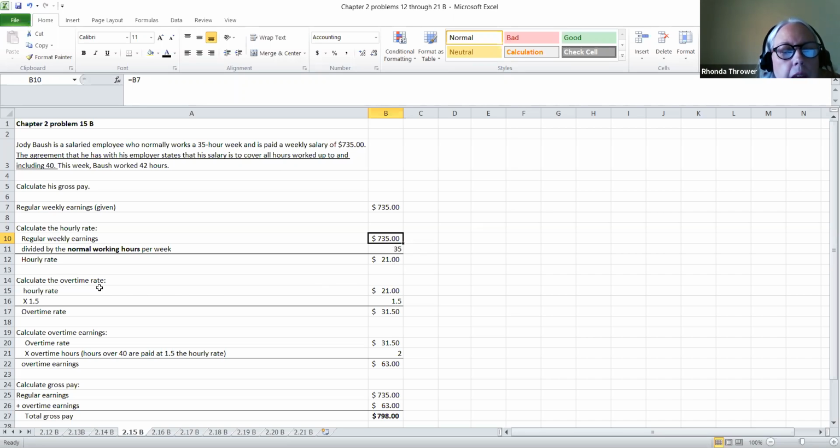Then we're going to calculate the overtime rate, which is the hourly rate, which we calculated here, just brought it down, times 1.5. That will give you the overtime rate. This is the overtime rate. And then they want you to calculate the overtime earnings.